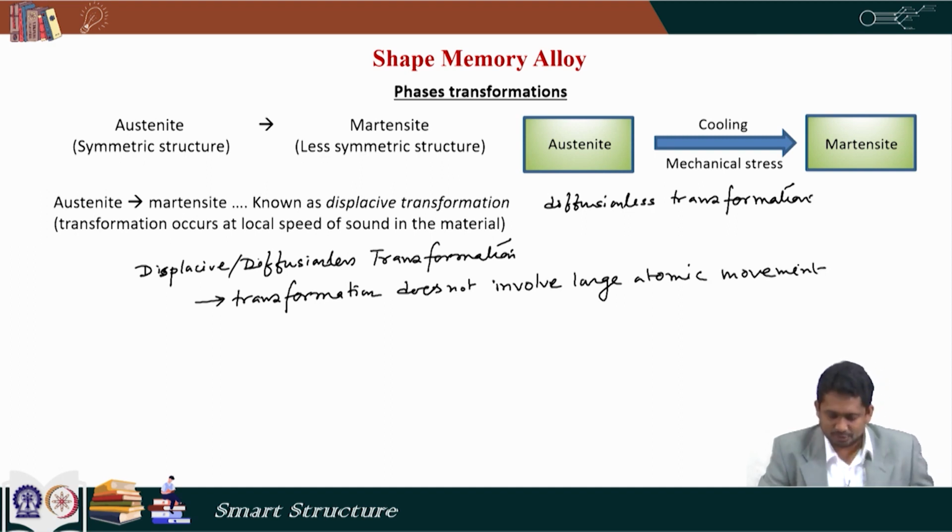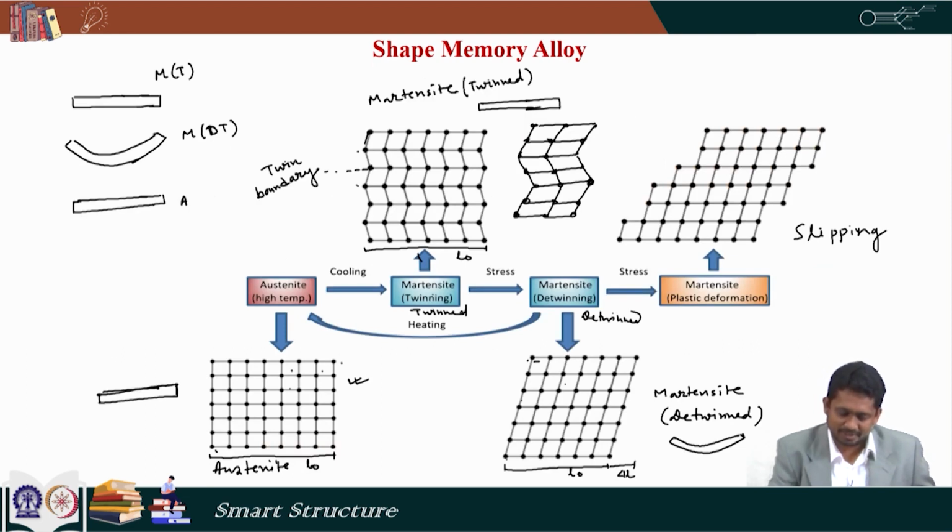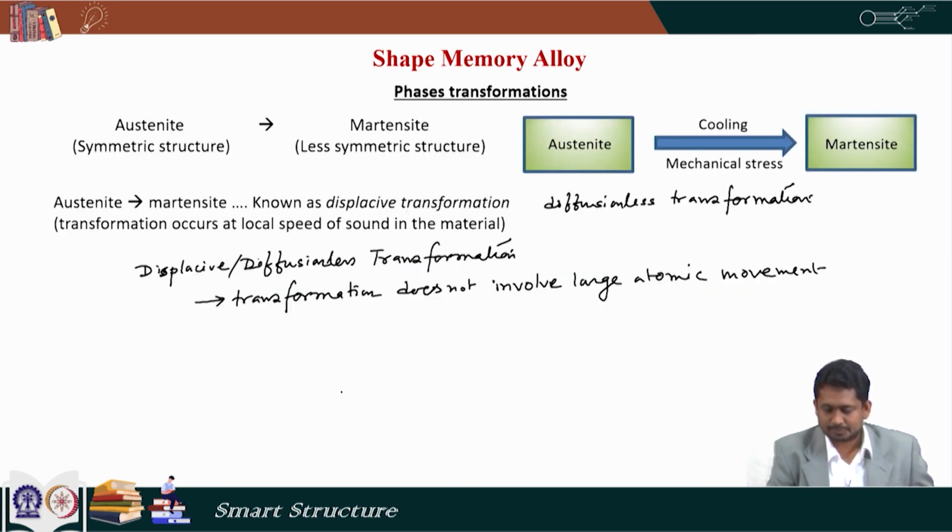And that we can see here also. If we compare this phase with this phase, the amount of movement that atoms undergo is not large. So, they do not involve large atomic movement.